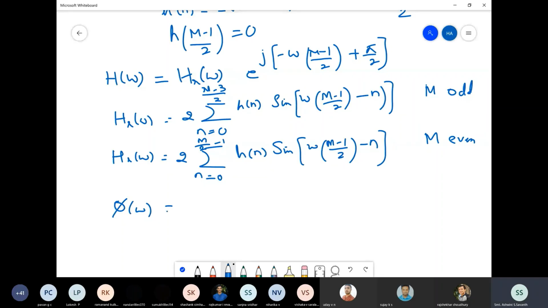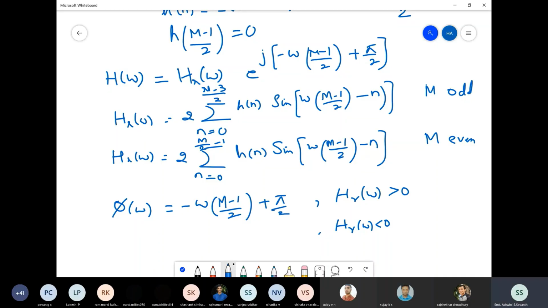So the phase response is minus omega into (M minus 1) by 2 plus pi by 2. This is when H_R of omega is positive. Obviously, when H_R of omega is negative, there is an additional plus pi.